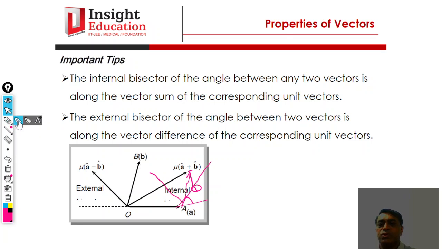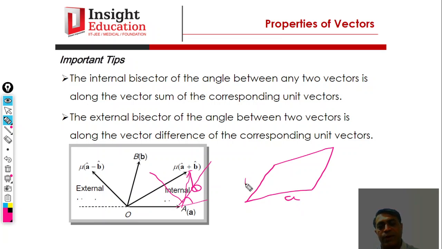This is also true for a parallelogram. So we can say vector A and vector B. I can shift vector B here. So this first diagonal is A plus B. But the second diagonal, I can say B minus A. So B minus A, I can shift here, and this is your second diagonal.